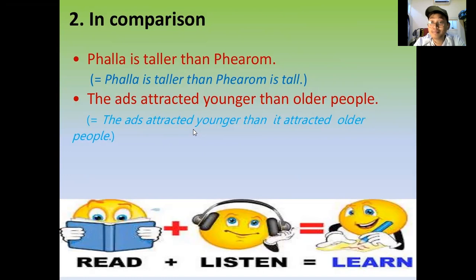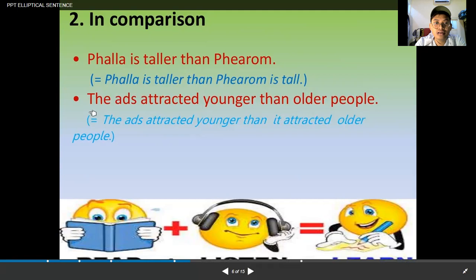So we can combine that by using an elliptical sentence: the ads attracted younger than older people. As simple as that in comparison examples.